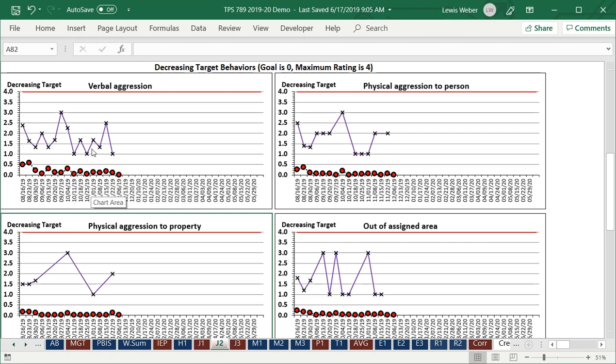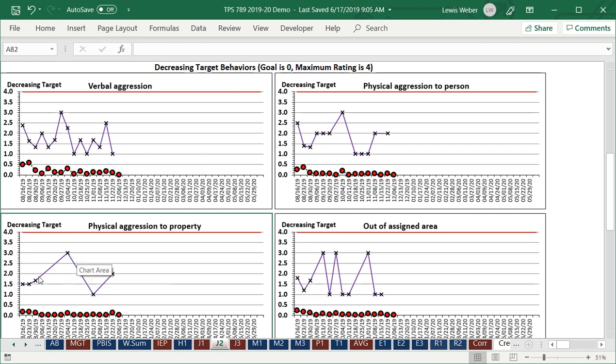When Pete is verbally aggressive and we strip out those zeros, here's the average of his verbal aggression when he exhibits verbal aggression. So it takes the zeros out of the average so that we can see the intensity when the behavior occurs.